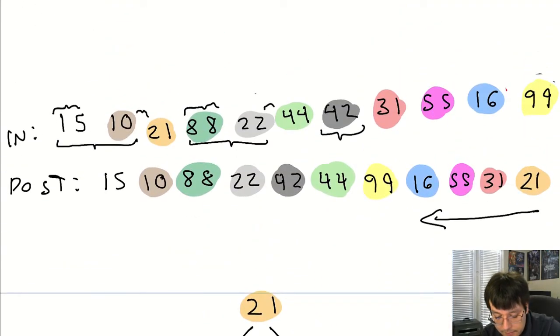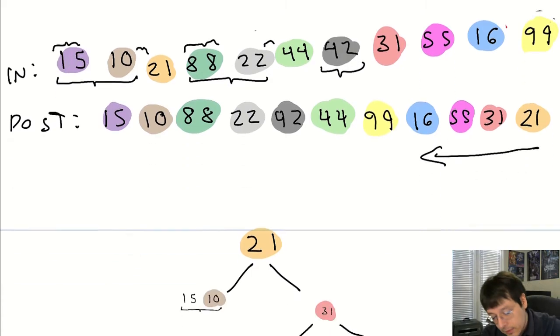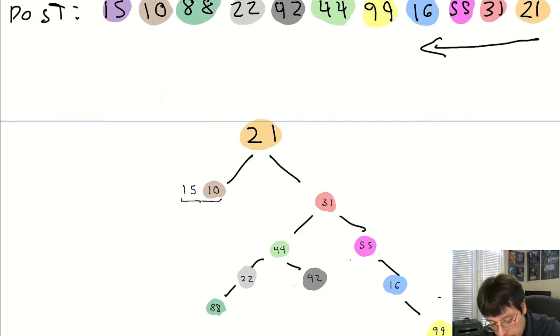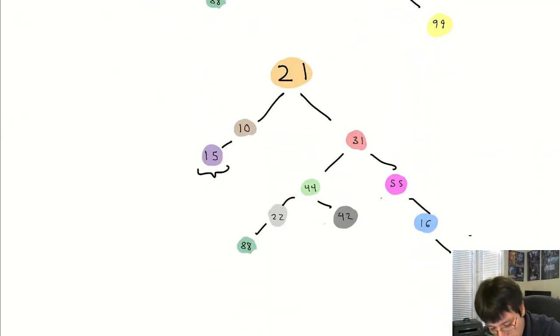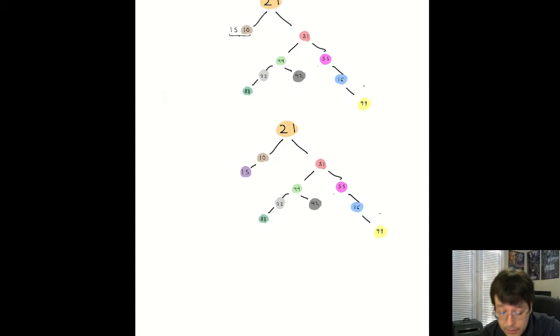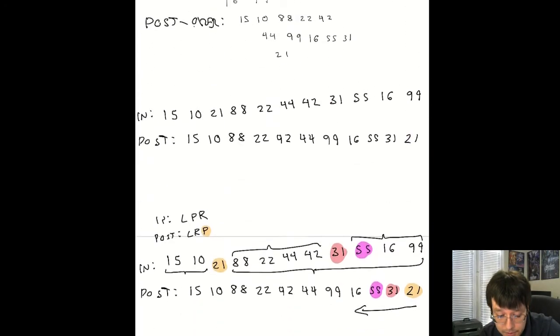And then for the last number, I think that shade we haven't done yet. Pick 15, 15 there. There's nothing to the left, nothing to the right of that sublist. So it's just a matter of being done like that. And this is the final tree. And now let's take a look and see if that's what I drew.